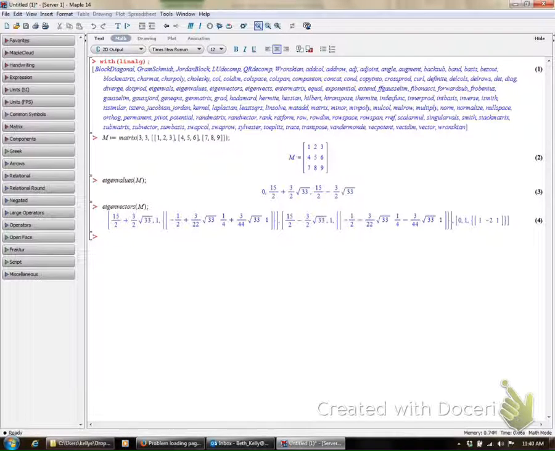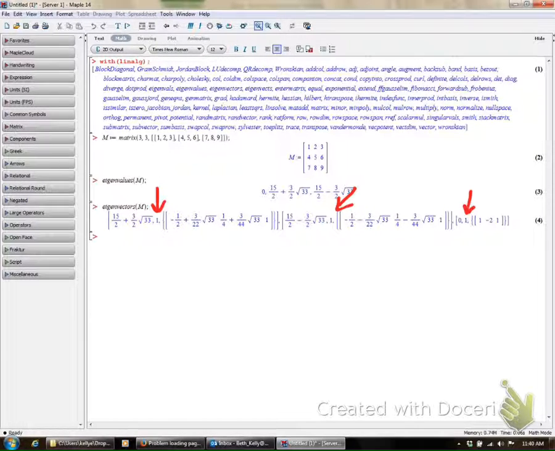Now, the next number next to the eigenvalue, that 1, that is the multiplicity of the eigenvalue. So if you think about the characteristic polynomial as a polynomial, and the eigenvalues are the roots of the polynomial, the algebraic multiplicity means the same thing that it does in regular algebra.